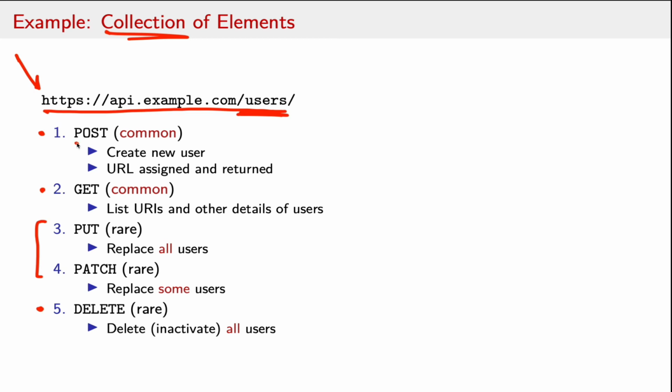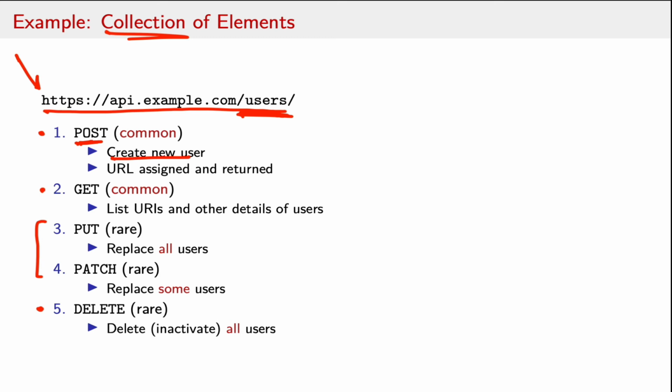So when we POST to a URL like this, a collection URL, normally what we're trying to do is create a new instance of that thing. I want to create a new element in that collection. So if I send a POST request to this users URL, I'm trying to create a new user. And what will happen is that the code behind that on the server is going to say, okay, this is the users collection.